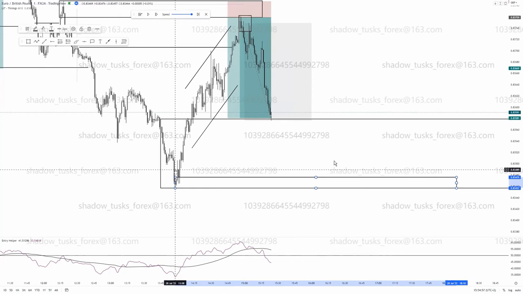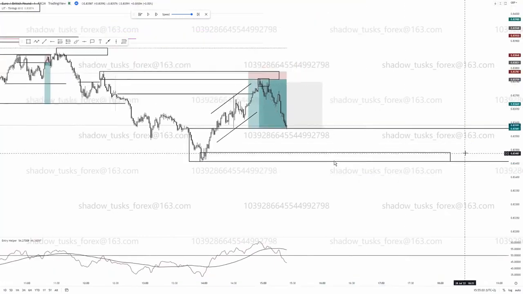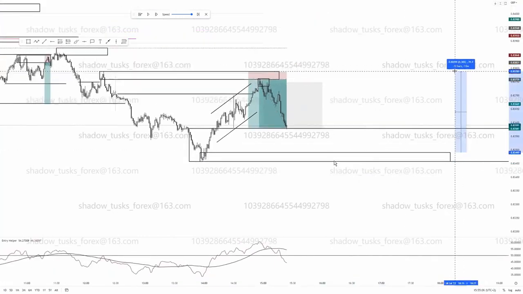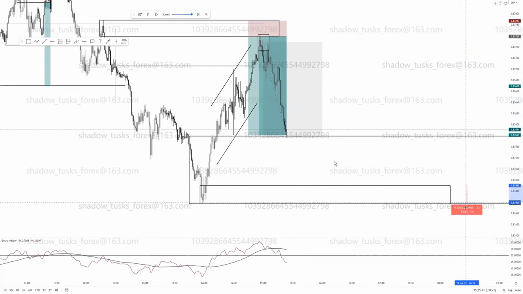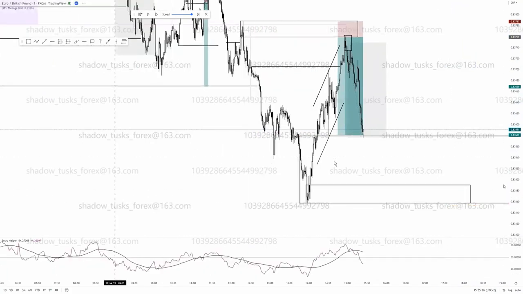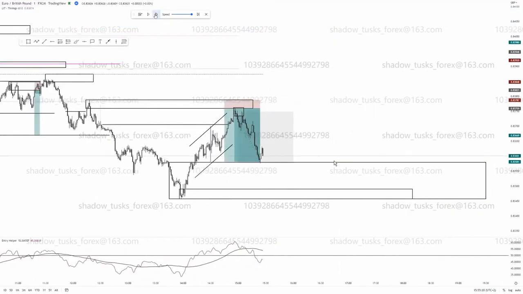This is like 1.9 pips when I know that my target is going to be at least 30 pips, right? So I don't mind taking basically a 3 pip TP because it's still going to be roughly 1 to 10. So now we want to see some kind of build up.